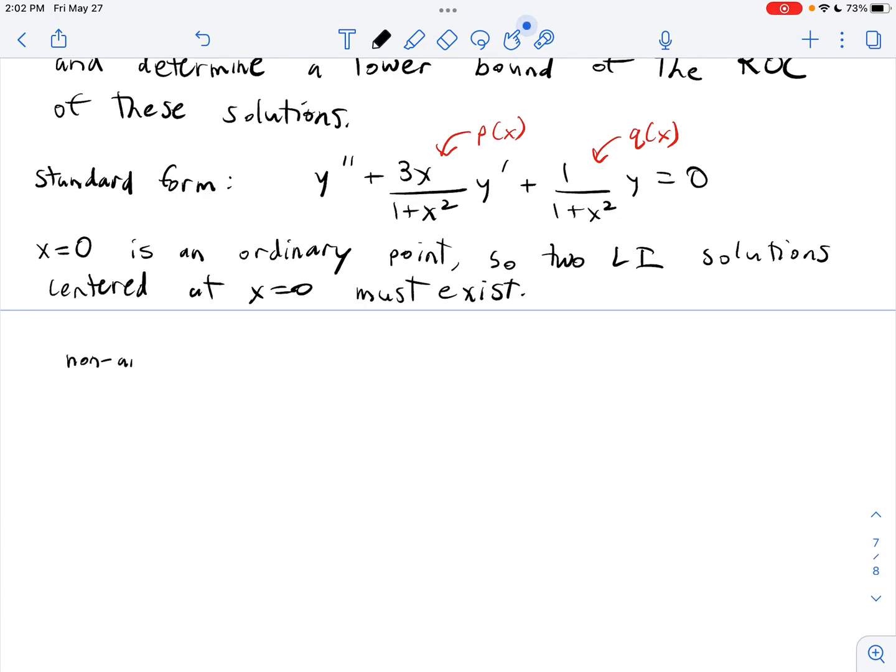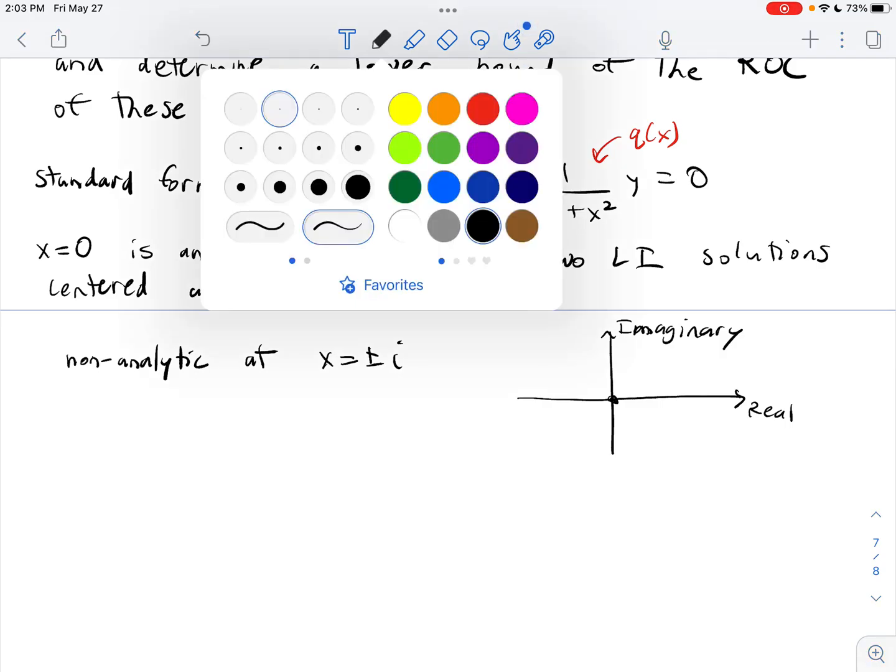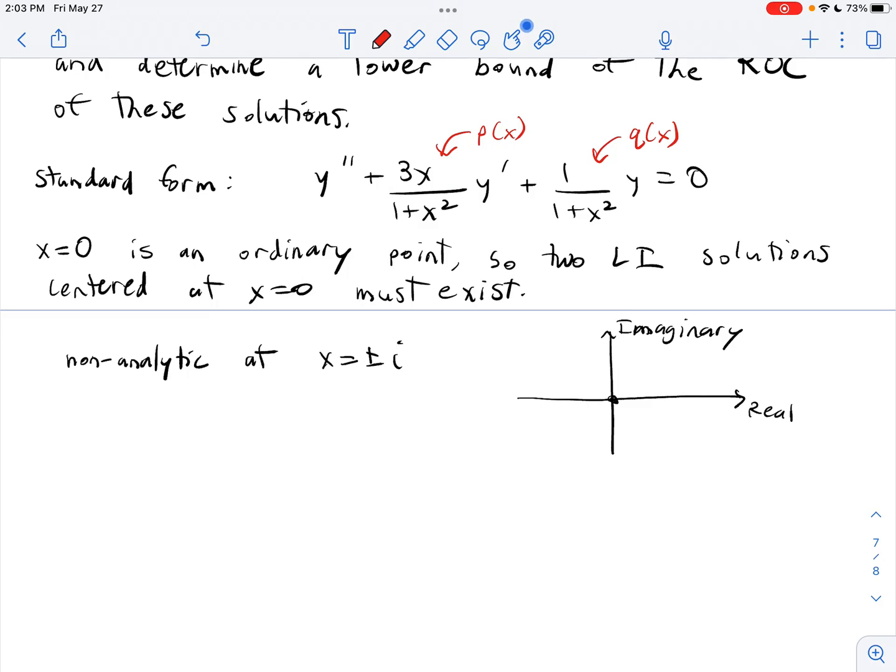Remember, this is our real axis, and this is my imaginary axis. This is something that we did in 11.1. So where are plus or minus i? Where do they live?